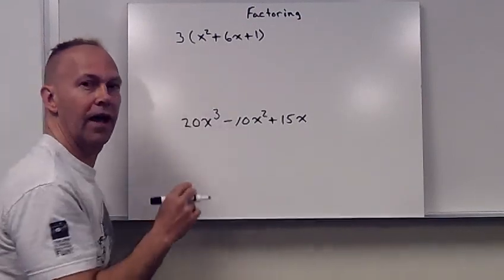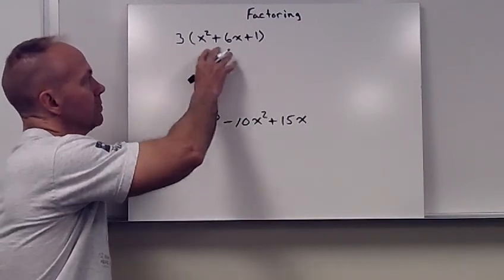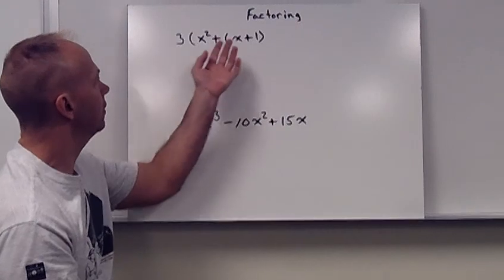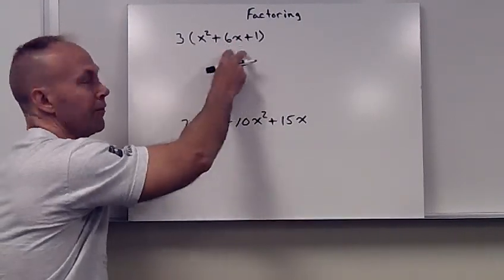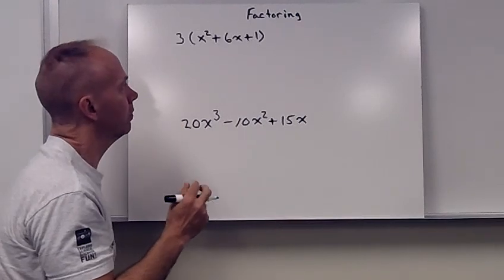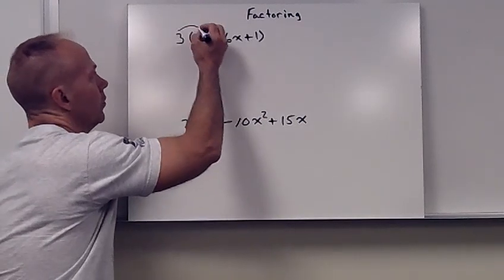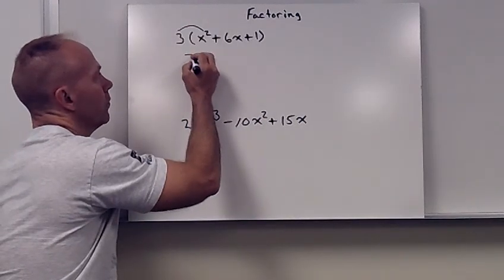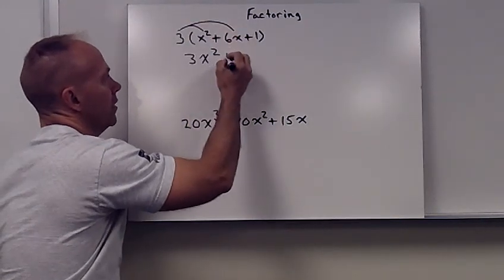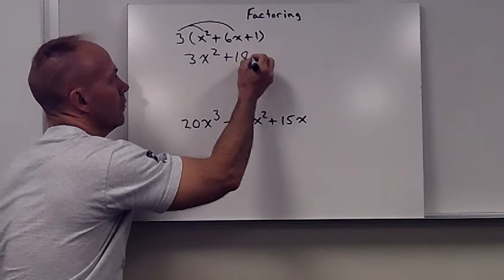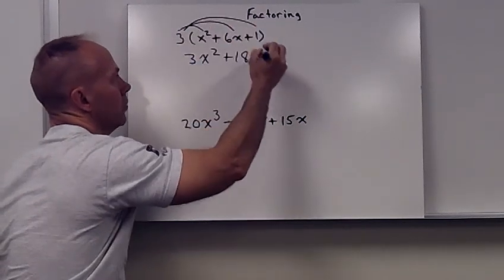So if I look at this expression here, this reads 3 times this trinomial. These are factors that are to be multiplied. And the way I do this is distribute: 3x squared plus 18x plus 3.